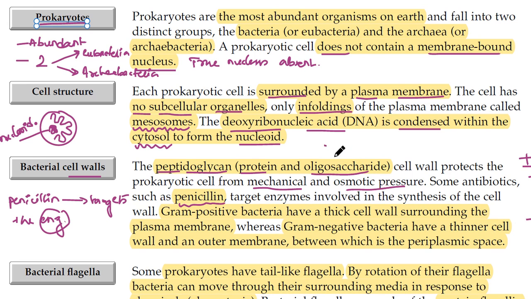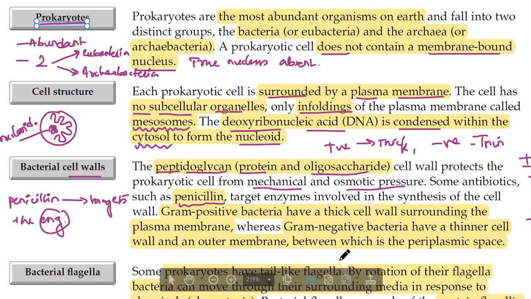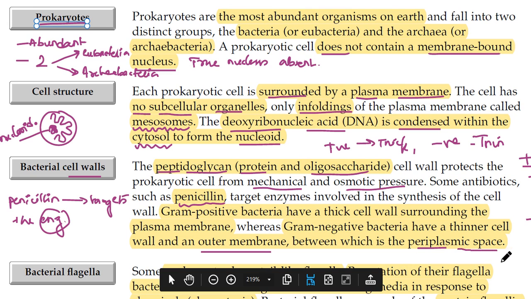They have a thin cell wall. In addition to the thin cell wall, gram-negative bacteria also have an outer membrane, and the region between the outer membrane and the cell wall is the periplasmic space. We will discuss it later.